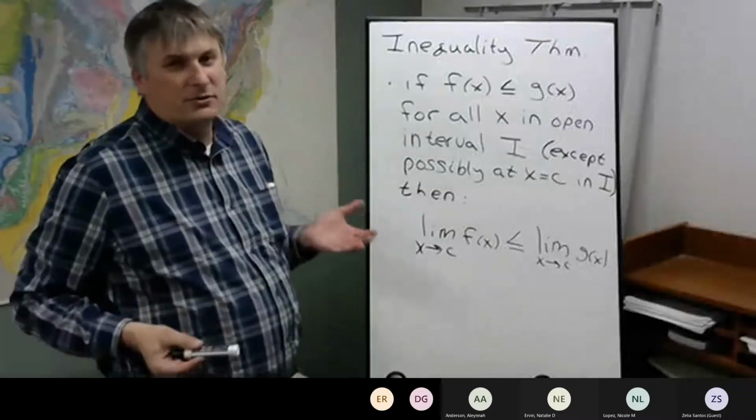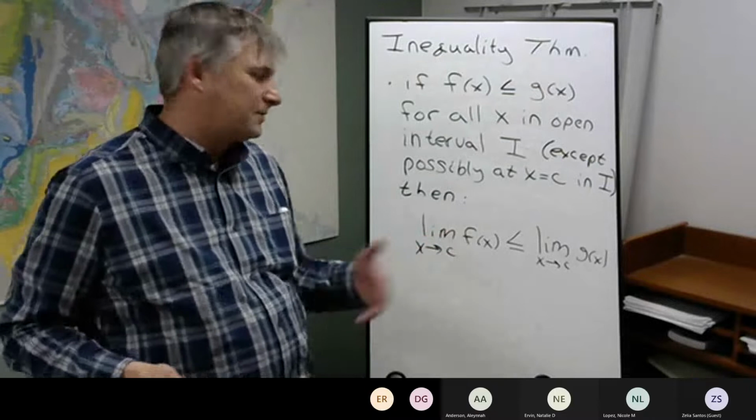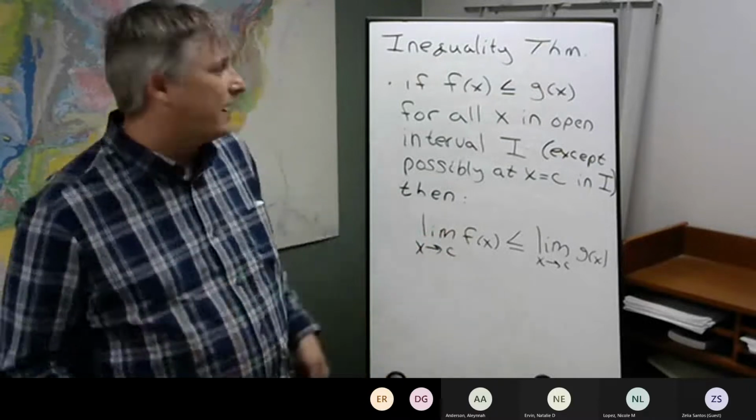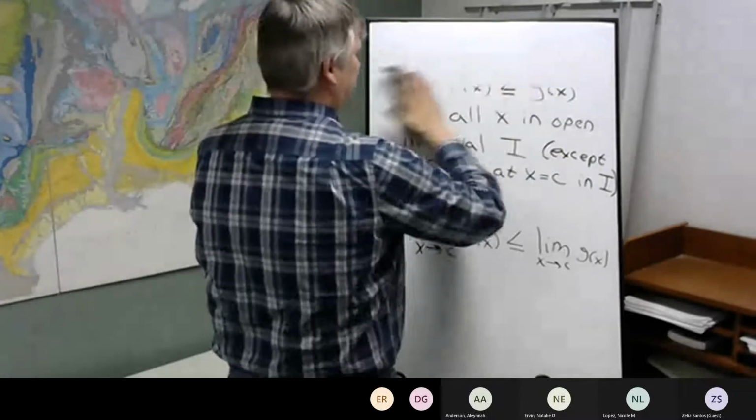So basically, if one function's smaller than the other, then the limits, one's going to be smaller than the other. Now, they do make a note in the text, and it's kind of an interesting one. I'll use this as our example.